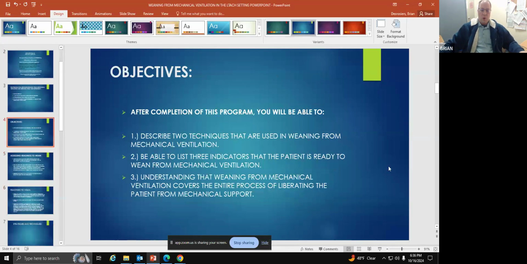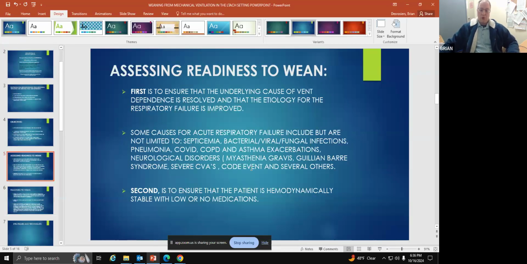You also want to make sure that the patient is hemodynamically stable with low or no medications. That's an important one, because when you wean somebody off of the ventilator, they're going to be working harder, so they have to be hemodynamically stable before you can do so.